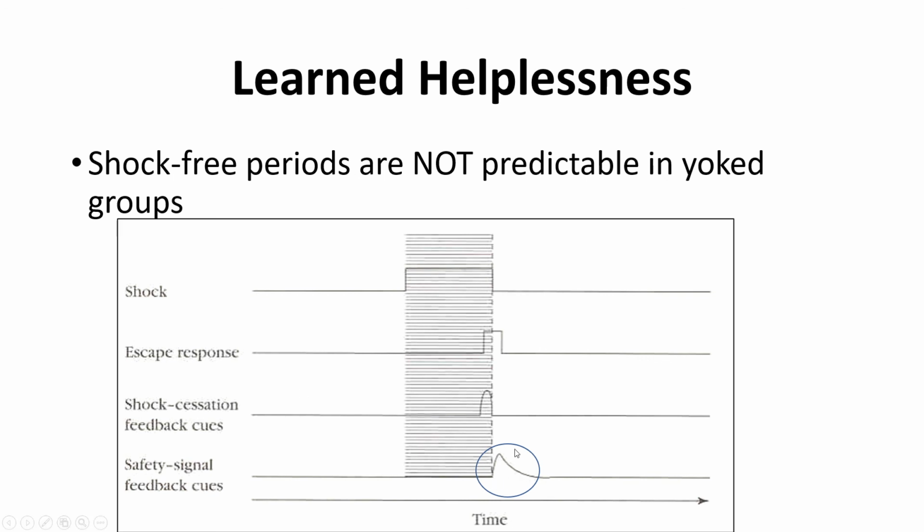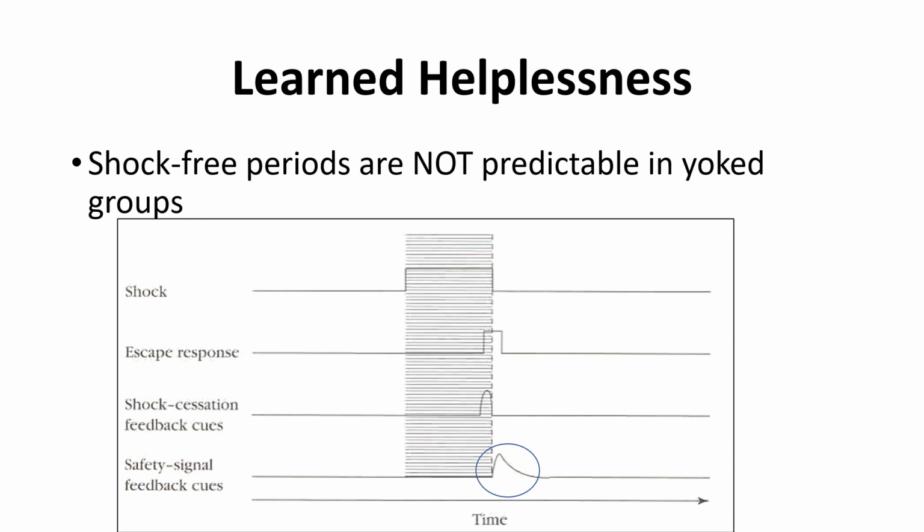So they don't get this feeling of safety at the termination of the shock because they don't know why it's ended and they don't know when it's going to happen again. So individuals that can escape that aversive stimulus get that period of relief afterwards because they know it has ended and it's not happening again right away.